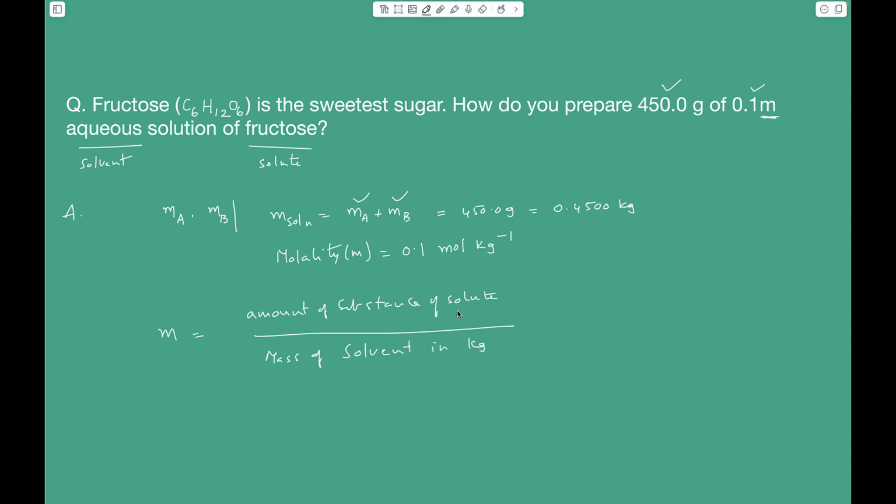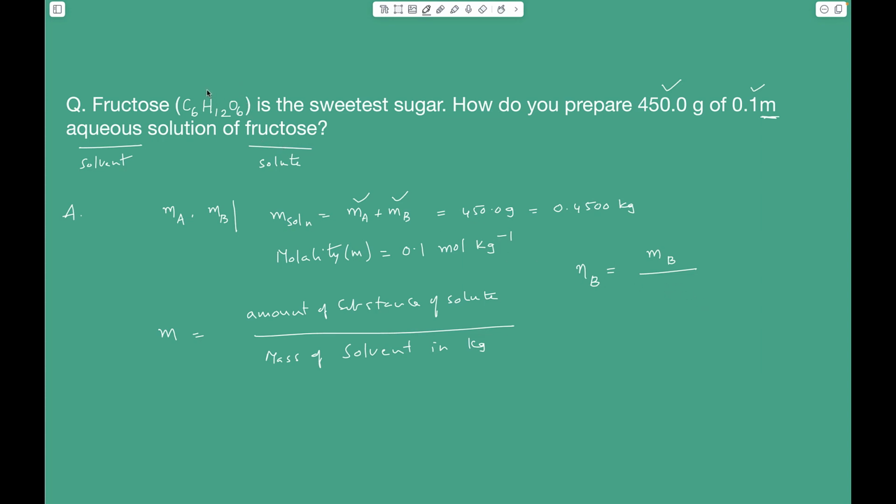Amount of substance is nothing but the number of moles. How do you get the number of moles of solute NB? If MB is the mass of the solute, to get the amount of substance, you have to divide the mass of the solute with its molar mass.